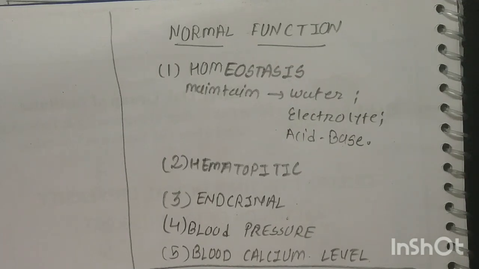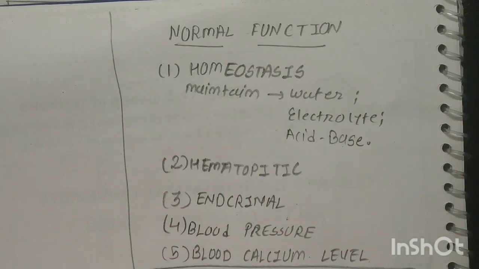Renin is one kind of endocrinal substance, and there is renin angiotensin 1, 2, 3 and 4, which act as stimulants for blood pressure regulation. That's why a very important function of the kidney is the regulation of blood pressure.